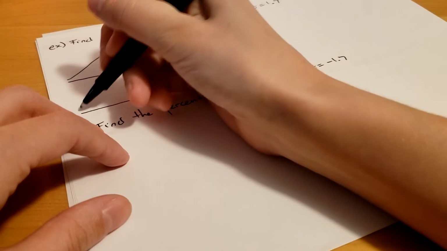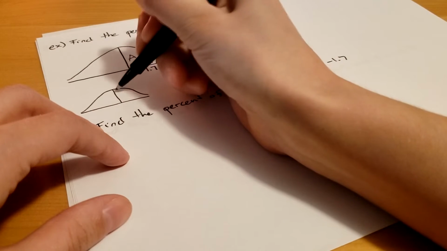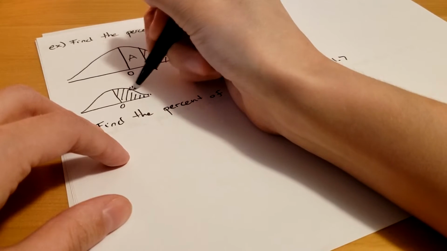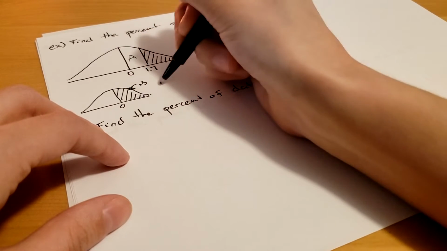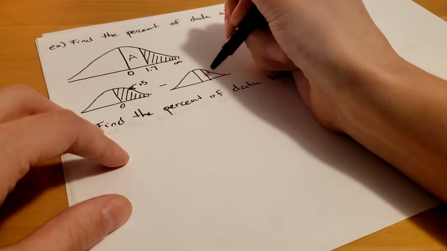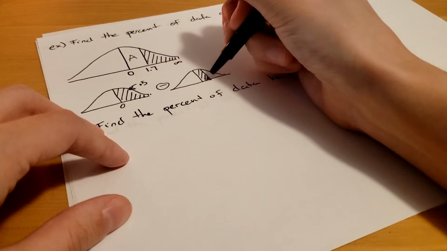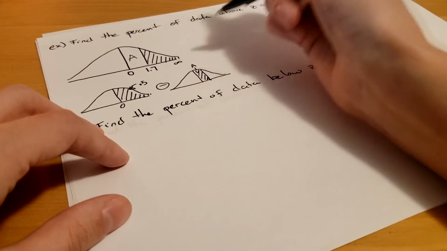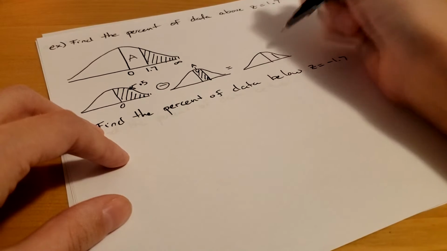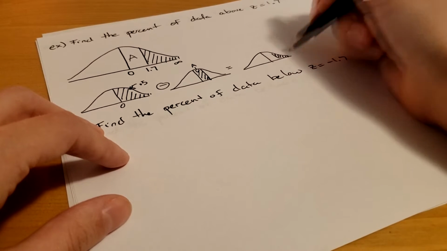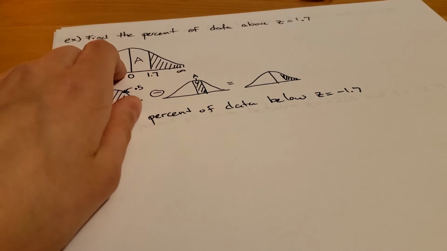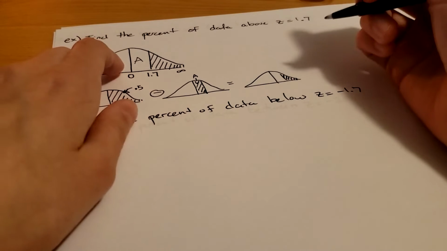If we take this whole half here, from 0 on, we know this is 0.5, and if we subtract this piece of area A, which we don't know yet, this is going to leave us with the piece of area over here that we want to find, this tail end. So here we're going to need to subtract to find the area that we want.